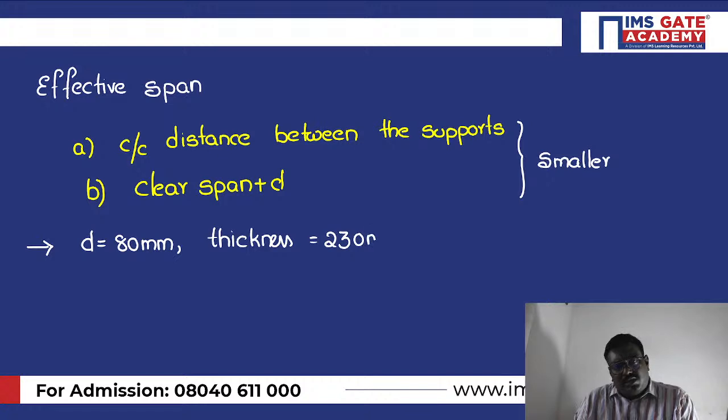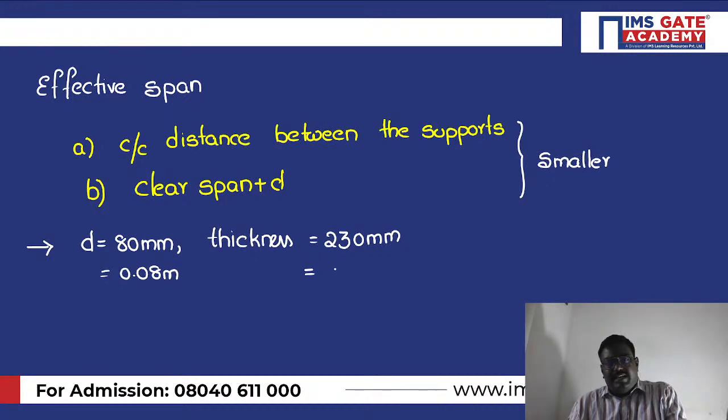If I convert into meter, the effective depth will be equal to 0.08 meter, and the wall thickness will be equal to 0.23 meter.